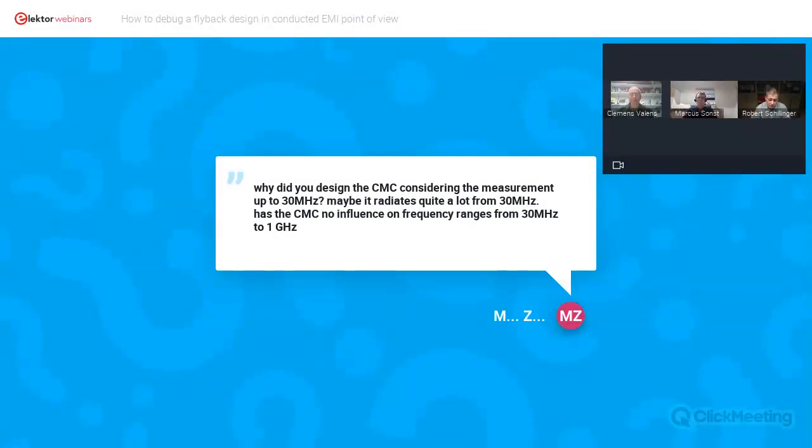Then you can also reduce the range from 30 megahertz to 1 gigahertz if you have trouble in this range. But as you can see, you also have trouble with common mode in the low frequency area, not only in the high frequency. That's a typical thing of flyback.